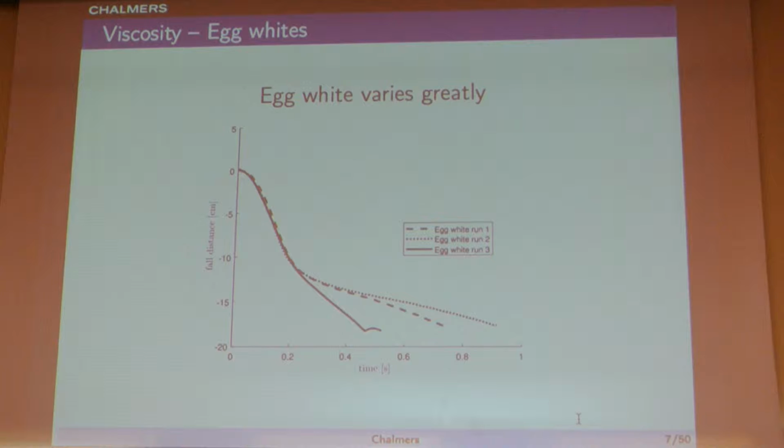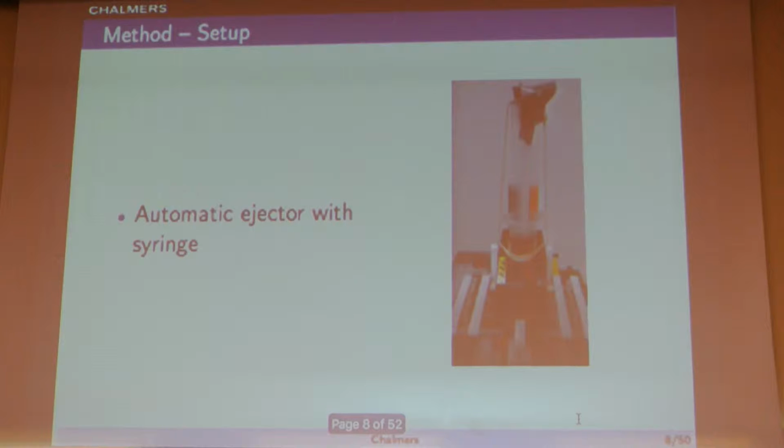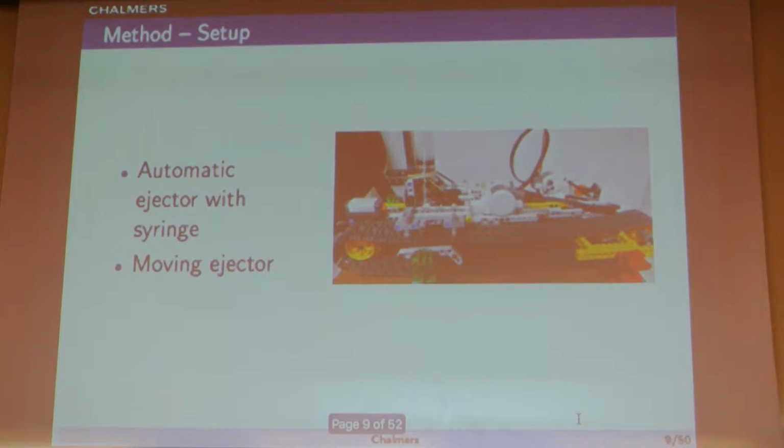Yeah, and we tried this experiment several times and got different results each time, which proves quite clearly that egg white is very inhomogeneous. So, to try and study this problem in a systematic manner, we constructed a setup with an automatic ejector, as you can see here, made out of Lego.